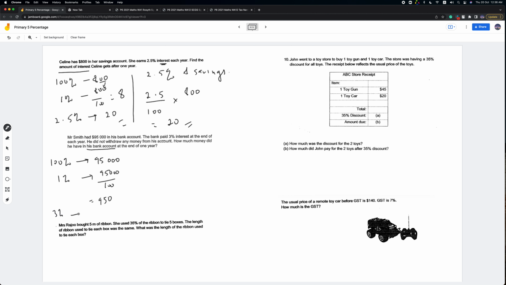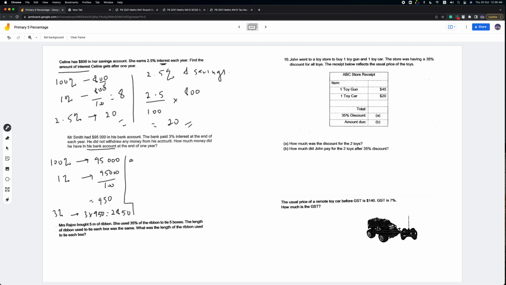So 3% is simply 3 times 950. Let's write that properly. We don't want to confuse ourselves. So we have 3 times 950. That gives us 2,850. And then the last step, since we want the total, we need to do the addition.